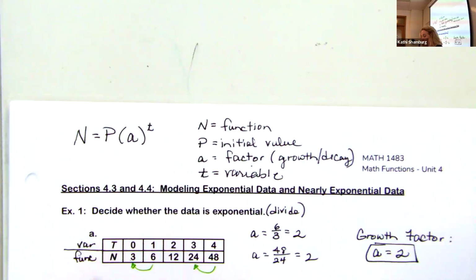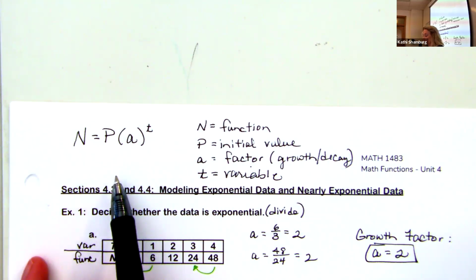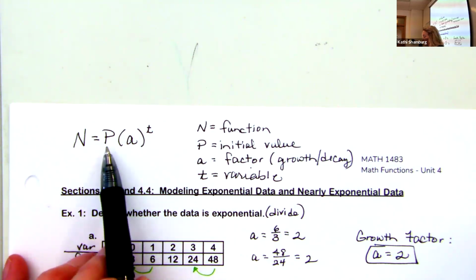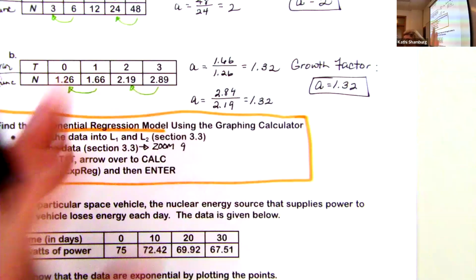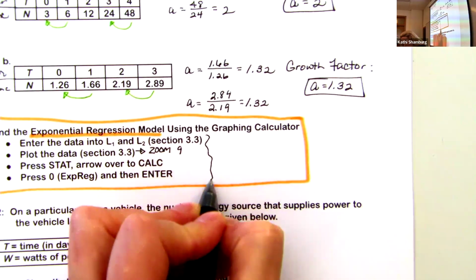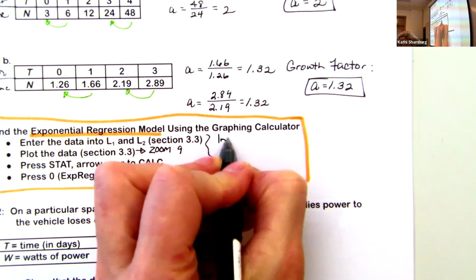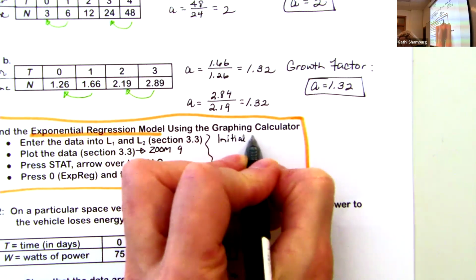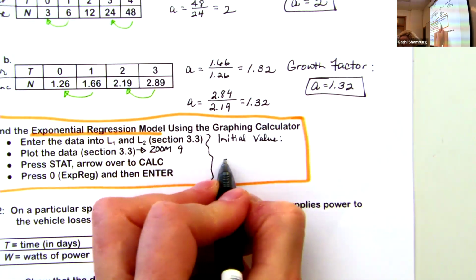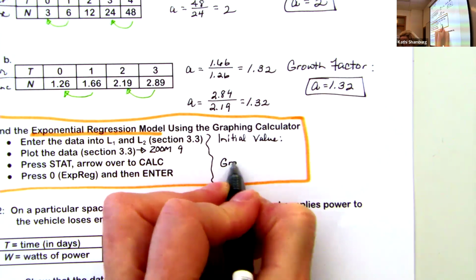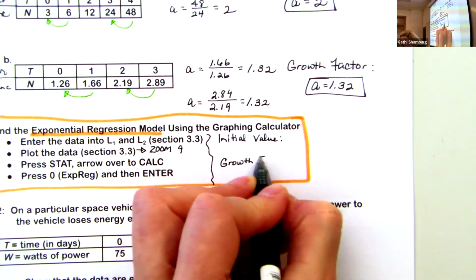And so these are the pieces to the equation that we need. So we need the initial value and we need the factor. Okay, so the two things that we're going to look for are the initial value, and then we need, and we already talked about this was a growth, so we're gonna look for the growth factor.